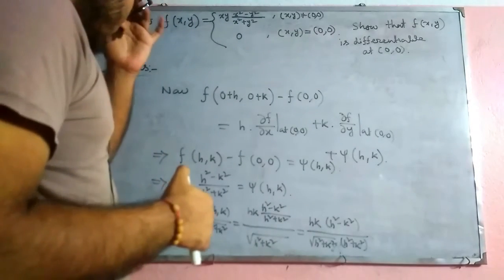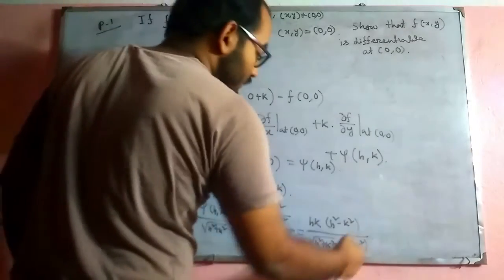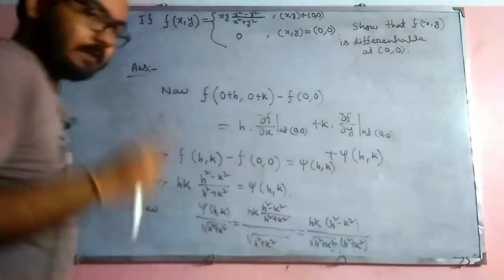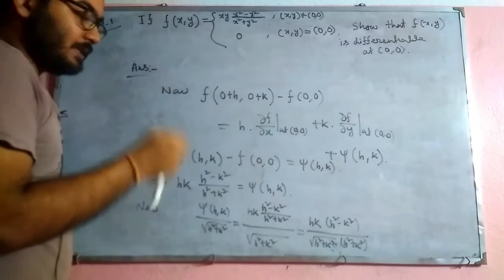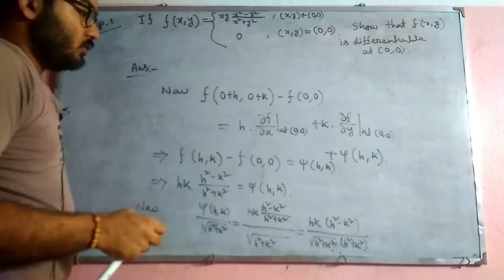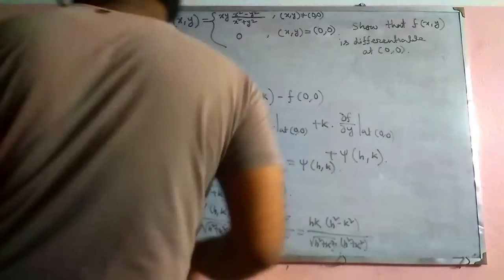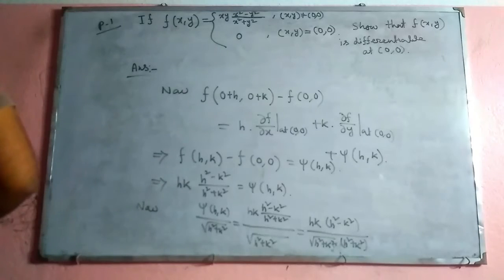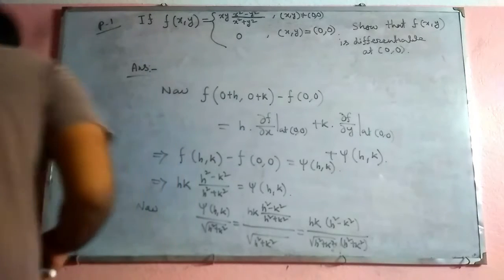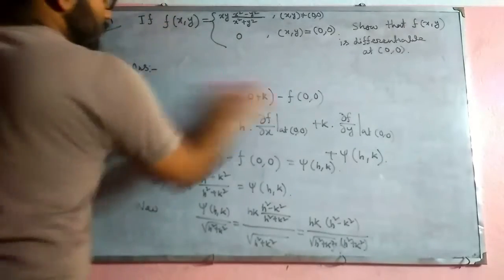Now we have to show that this expression tends to 0 as (h,k) tends to (0,0), okay. So what we have to do, see, I am erasing this portion, okay.